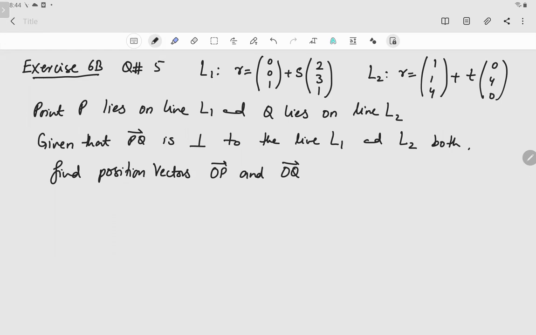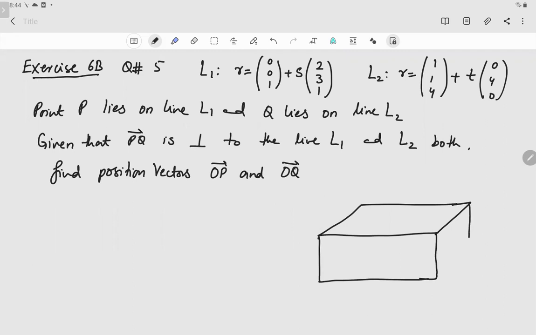Okay. Consider a room, a cubicle room. Let's assume that the line L1 lies like this on the floor of this room.